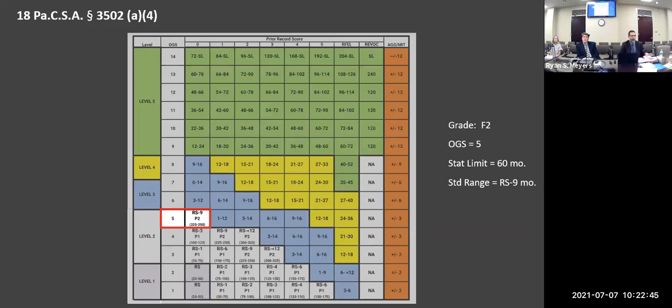Our starting point is to take a look at our old matrix and see where that falls. Currently, this is an offense with OGS equals 5. It's an F2. And the standard range for that offense, looking at prior record score 0, is restorative sanctions through 9 months of confinement.